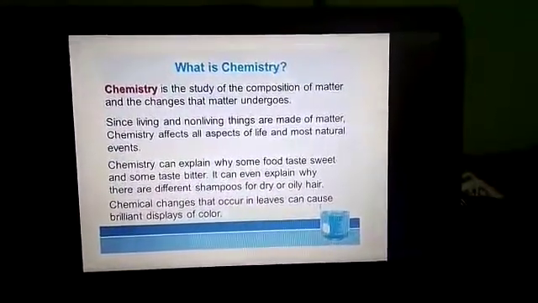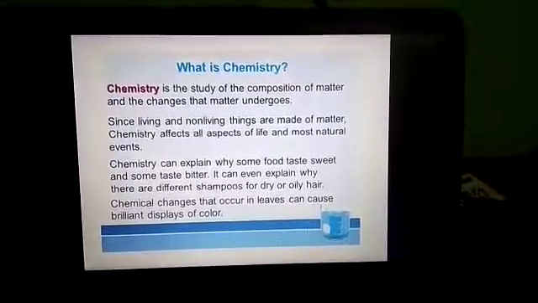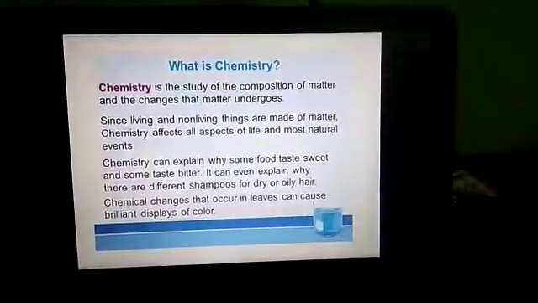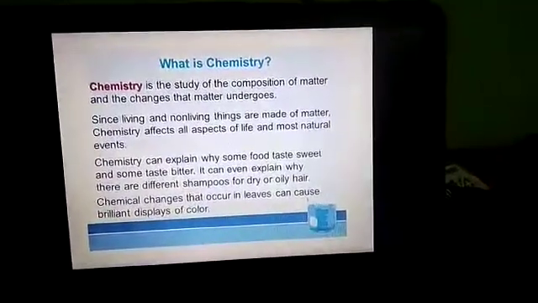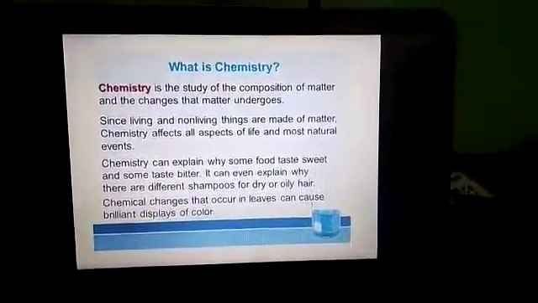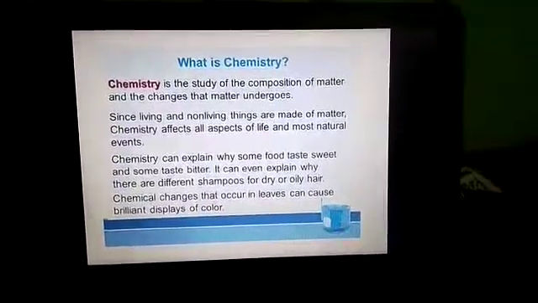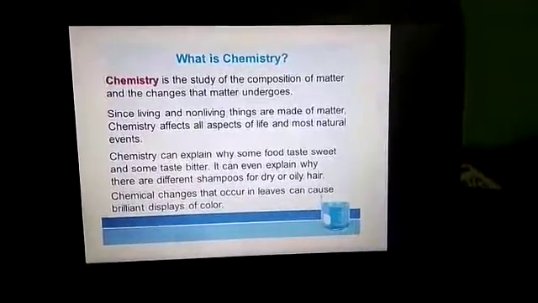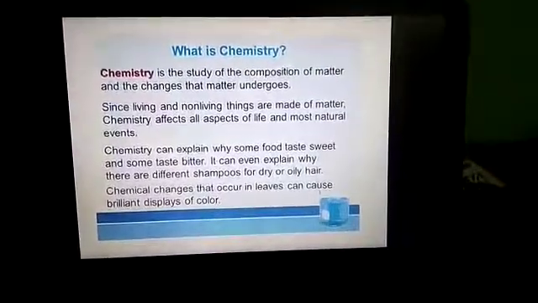So what it indicates is the composition in the body. If it is unbalanced, then the human being will fall sick. So chemistry explains what the problem is. So chemistry is the study of composition of matter and the changes that matter undergoes.